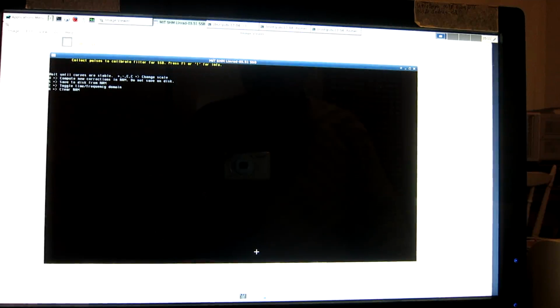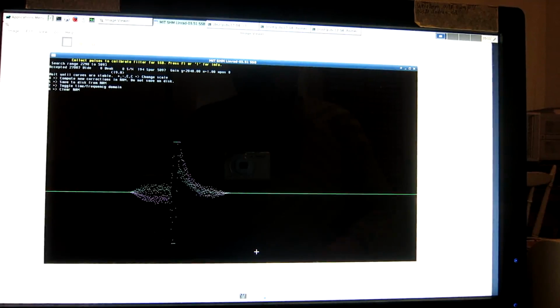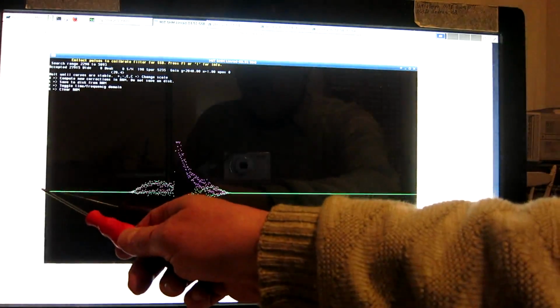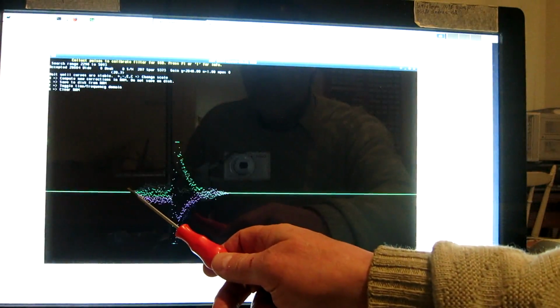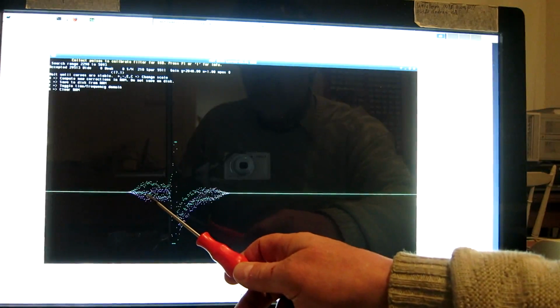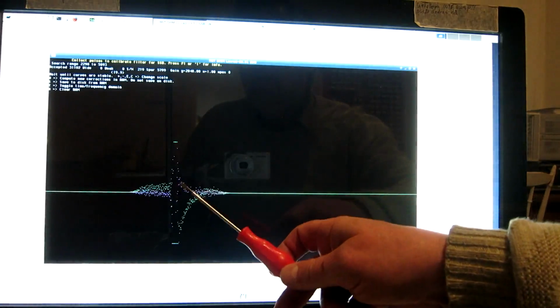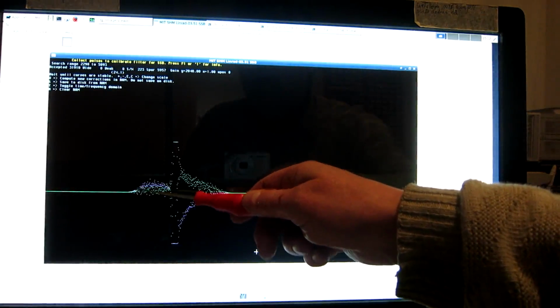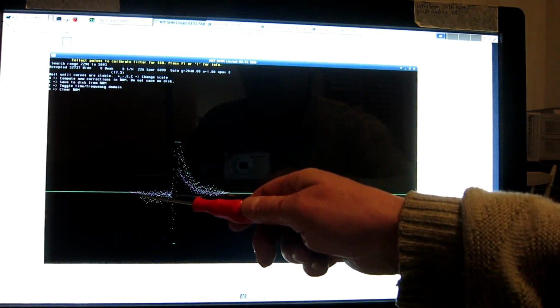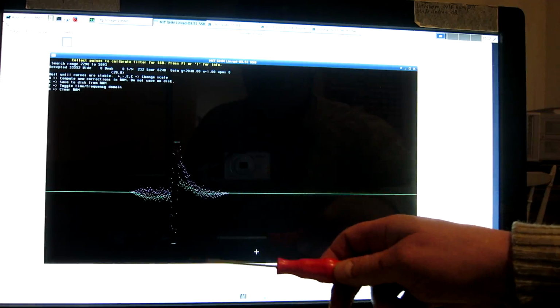But I magnify again. You can see that there are zeros from here up to this point. From here to here is a cosine square window. That is to avoid the click from switching in a DC component here.